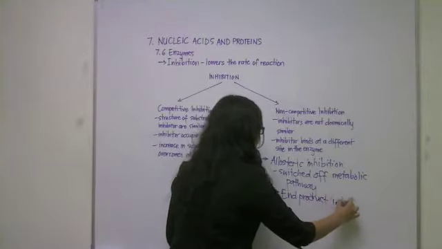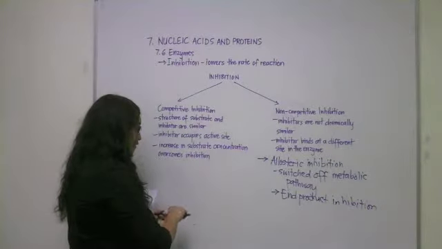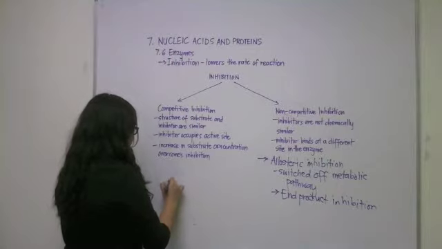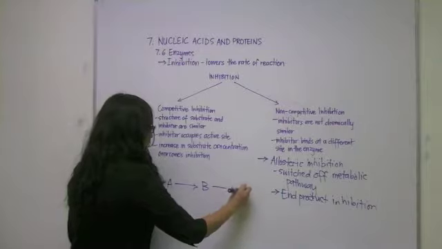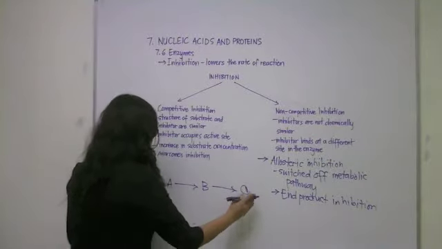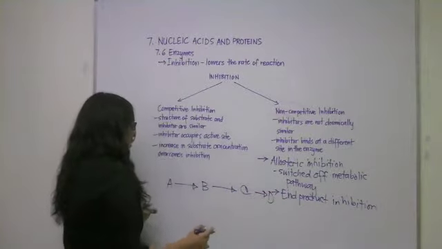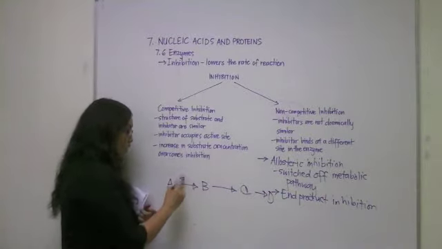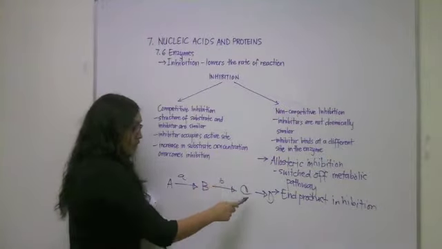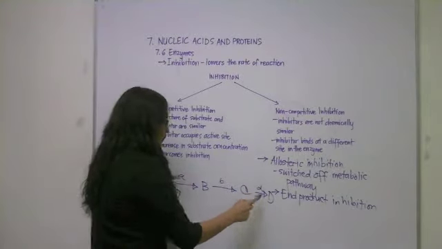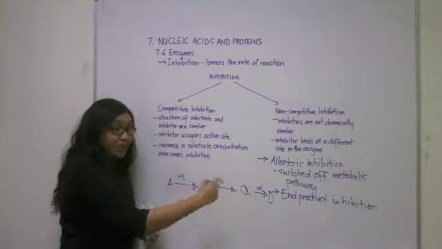So in the case of end product inhibition, for example, we have substrate A, substrate B, substrate C, and then substrate D. Substrate A will be changed into B using enzyme A, B will be changed into C using enzyme B, and C into D using enzyme C. This is actually a pathway, a chain.